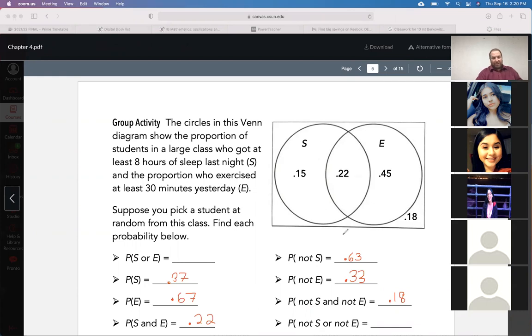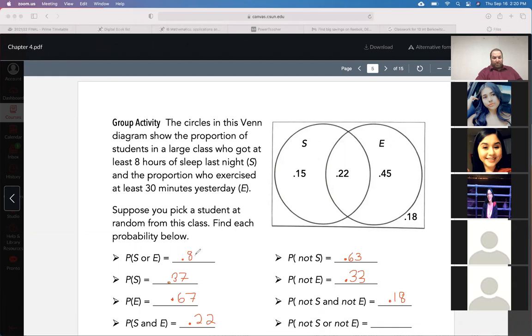Yes. Okay, so now let's do the tougher ones. S or E. What is the probability that you are an S or E? Would you add the 0.15, 0.22, and then 0.45 all together, which I think gives you 0.82?